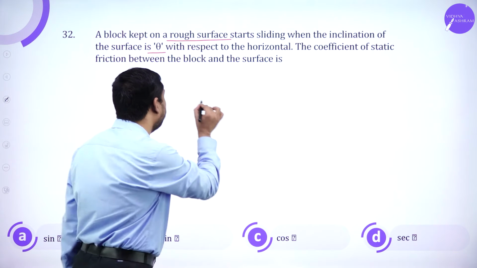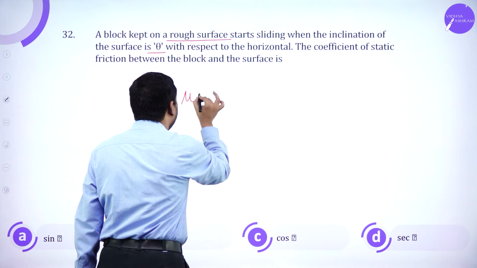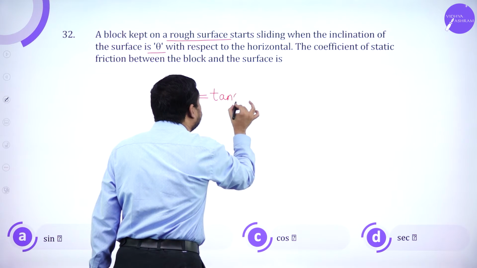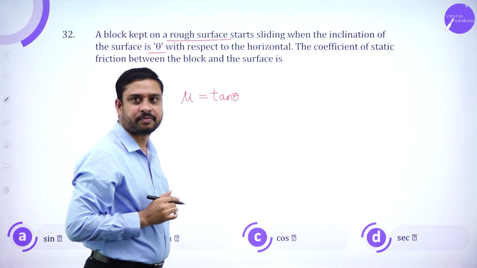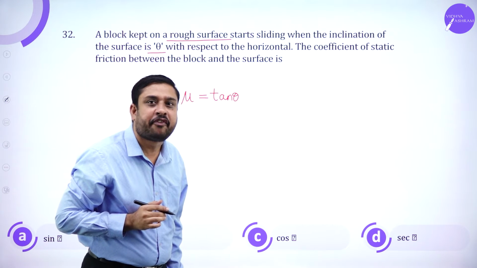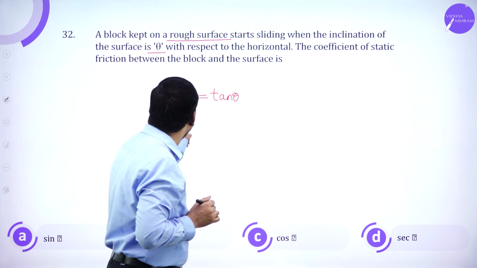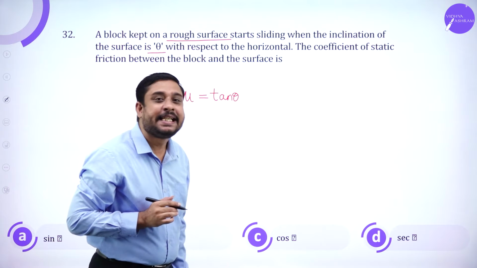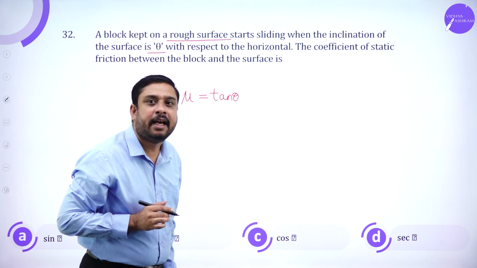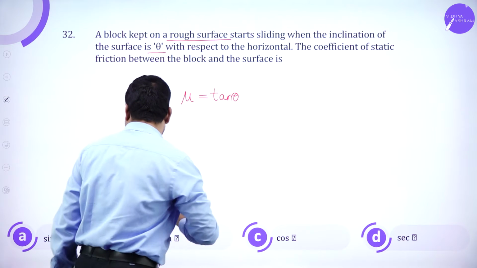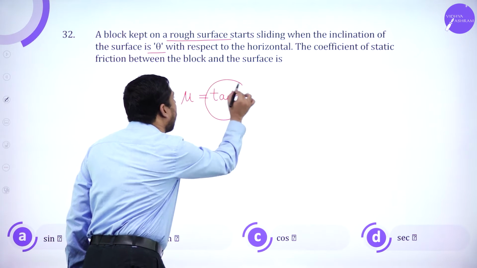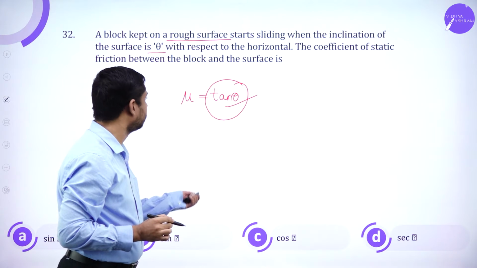We always know mu is equal to tan theta. Mu is called coefficient of friction. It is always equal to tan theta, where theta is the angle of inclination. So the correct answer has to be tan theta.